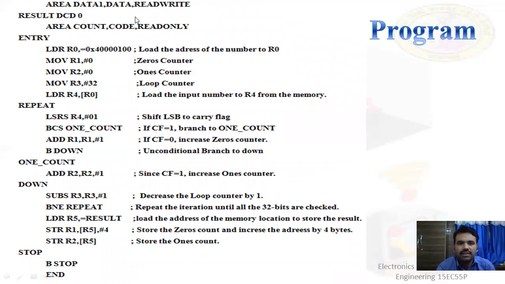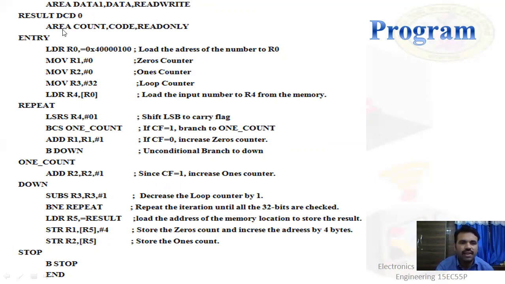And this READWRITE directive specifies that we have access for both read and write operations, and the result variable points to the first memory location in that memory section, and we are storing it with 0, right? And the DCD directive mentions that this particular memory location is 32 bits in size.